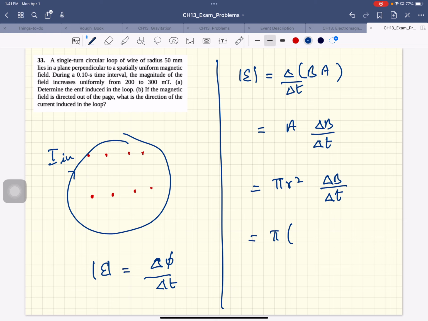Radius is 5 centimeters, 0.05 meters. And the change in magnetic field is 100 millitesla. And this change happens over 0.1 seconds. So now the induced EMF is, this is essentially 1. So that's 10 to the minus 2, that's 1.